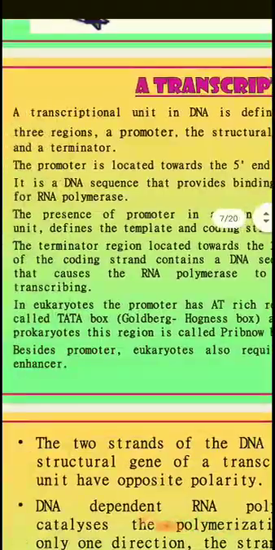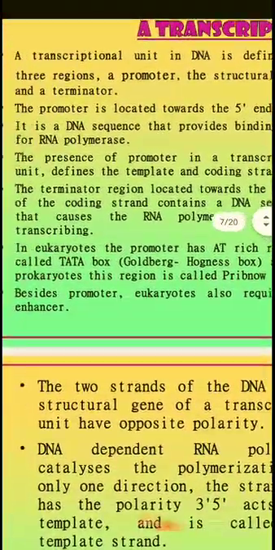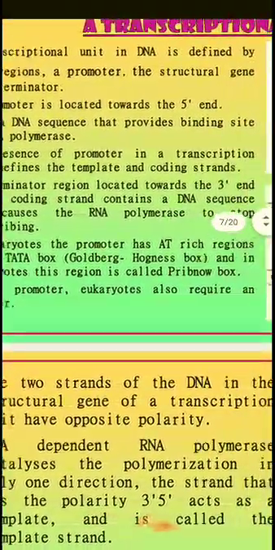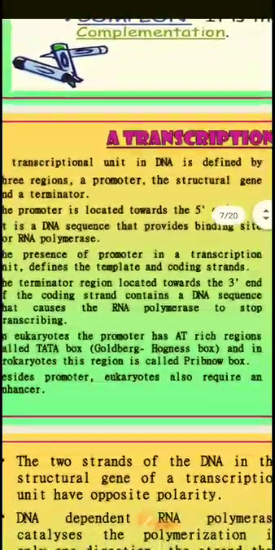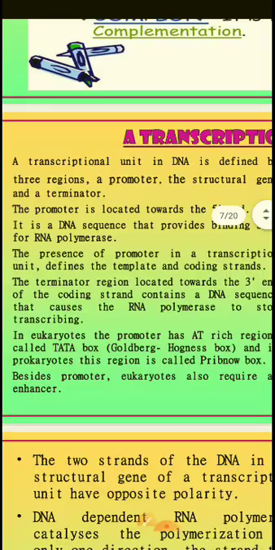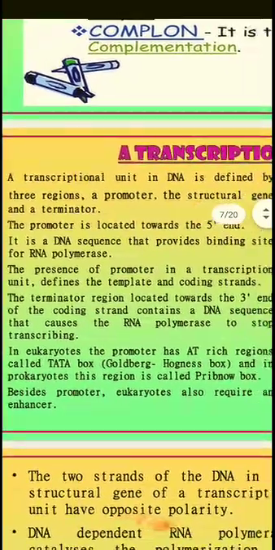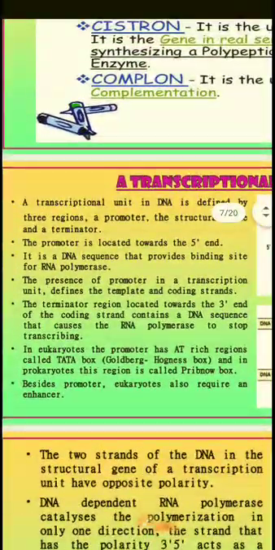So this is how the promoter is formed, defining the template and coding strands. The termination region is located towards the 3' end. The coding strand contains the DNA sequence that causes RNA polymerase to stop transcribing. In eukaryotes the promoter has an adenine-thymine rich region.